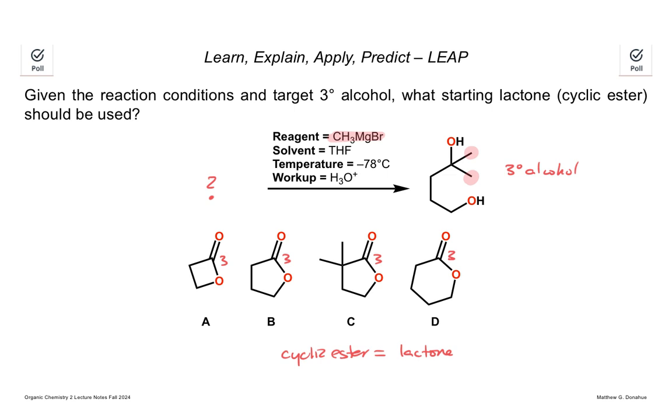So what's unique about this is once it does that first addition, and then it eliminates, I'll just highlight in blue. See this oxygen in blue? It's coming from that oxygen. So what we have to determine is which one of those rings, what size ring, is going to give us that starting material.